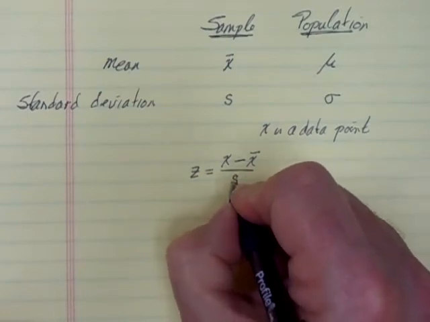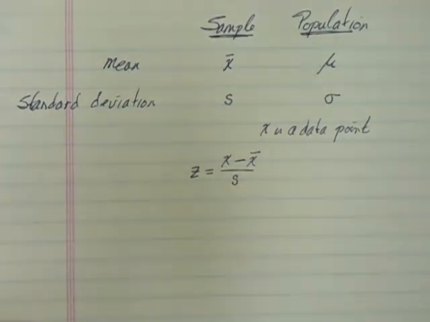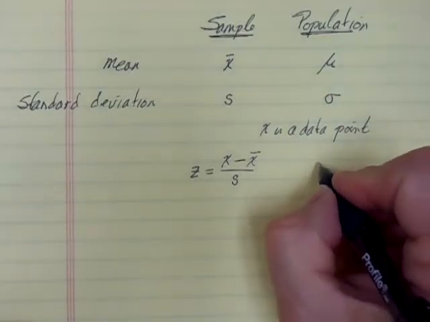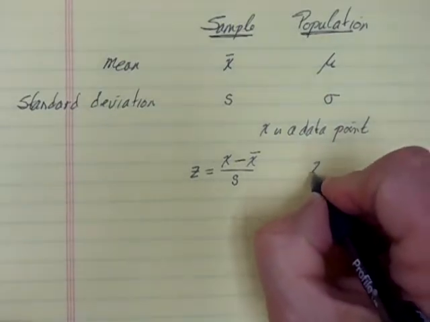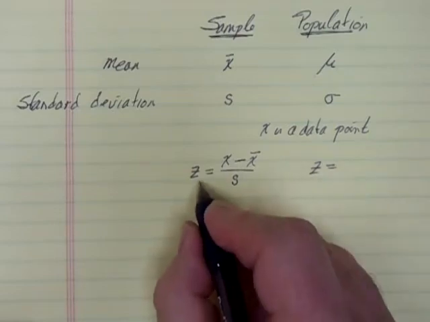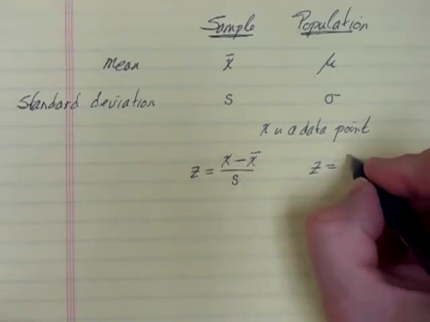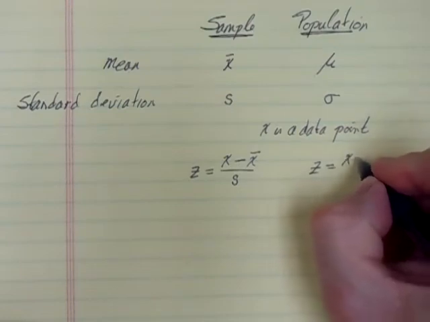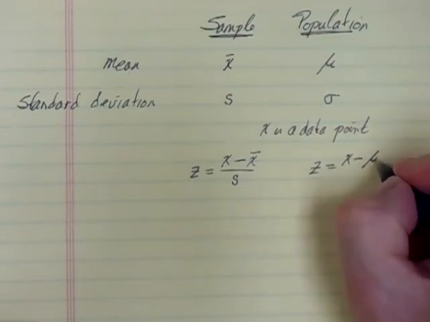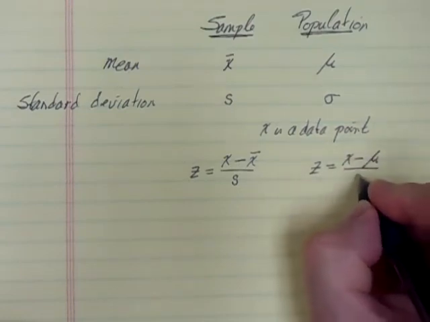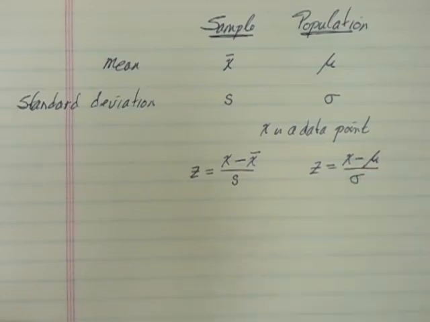That means that we count how many standard deviations away it is. In a population, the words are the same: x minus the mean divided by the standard deviation.